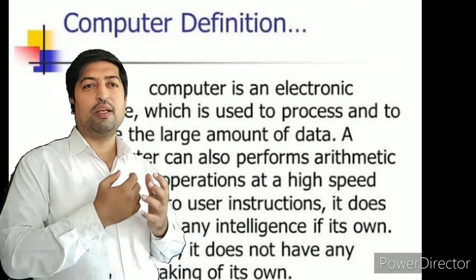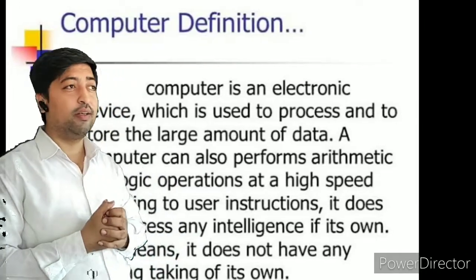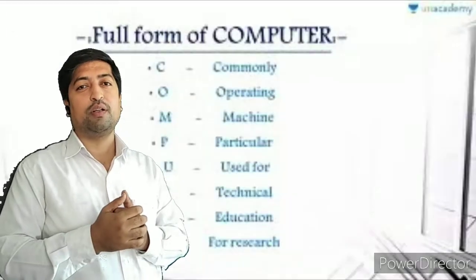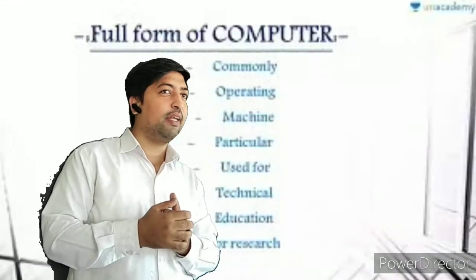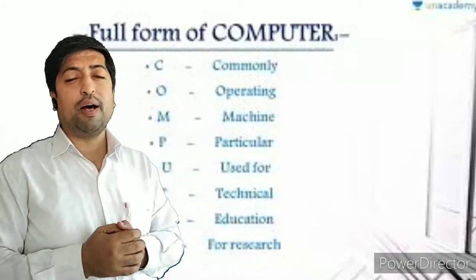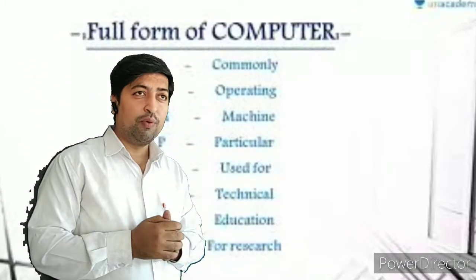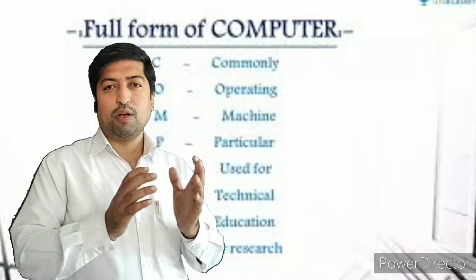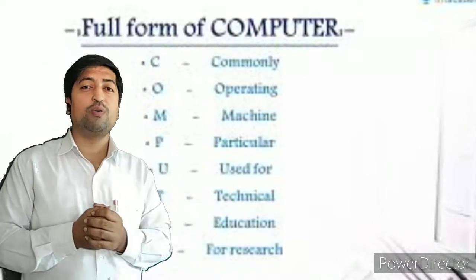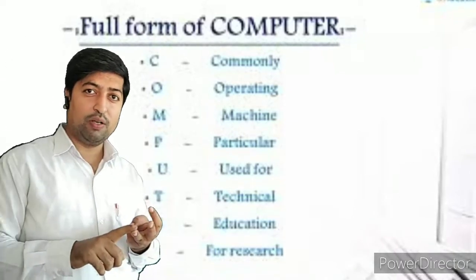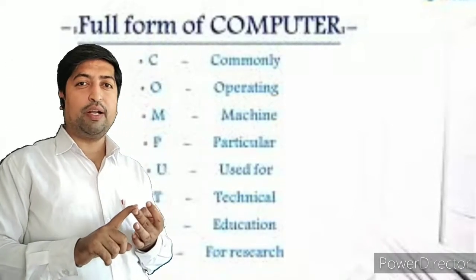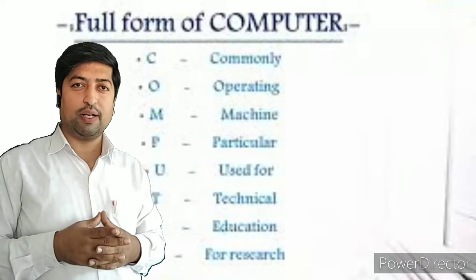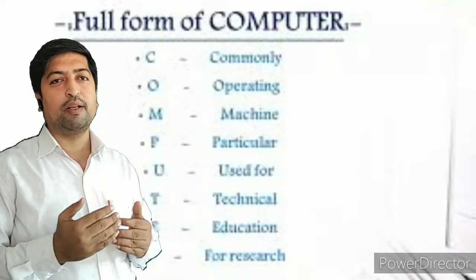You can see on the screen the meaning of computer. After that, the four parts of the computer are mouse, keyboard, monitor and CPU. From those four parts, I will explain one by one.